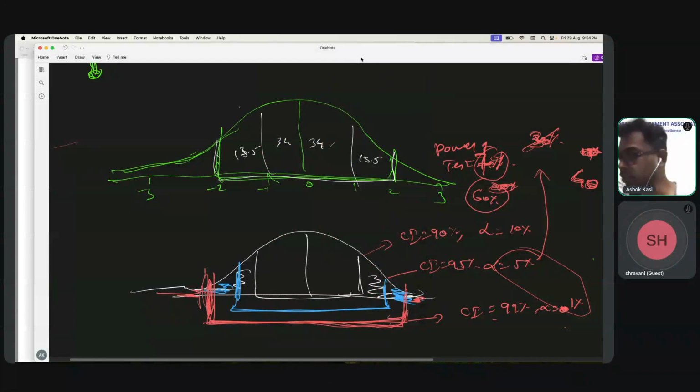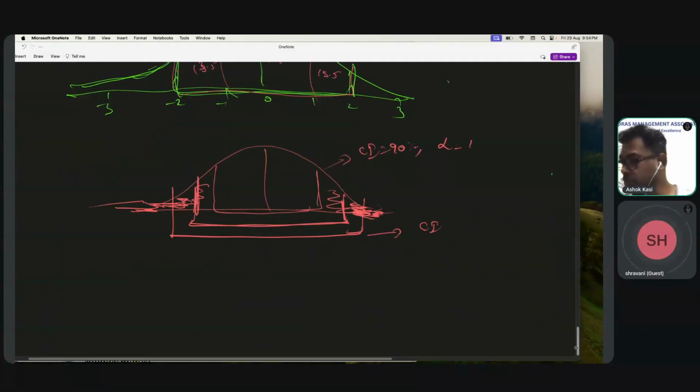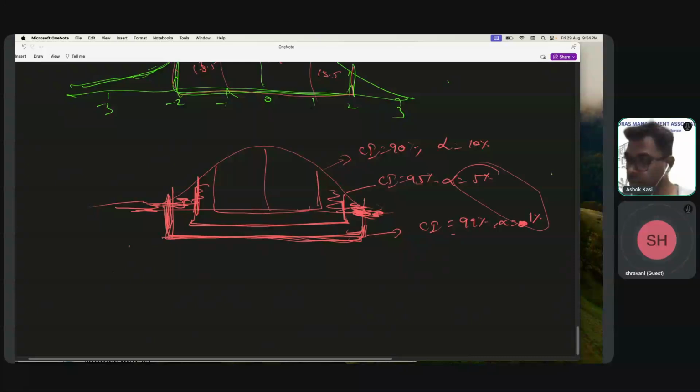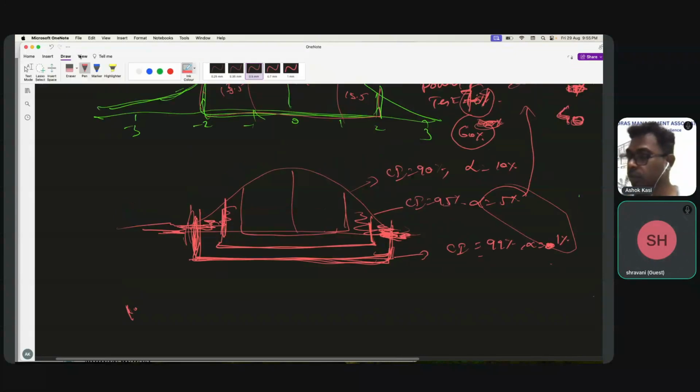Let's see, say for example, a little tricky, this kind of thing. In a company, 10 people are coming for the interview. I have to select, let's say, 7 people.